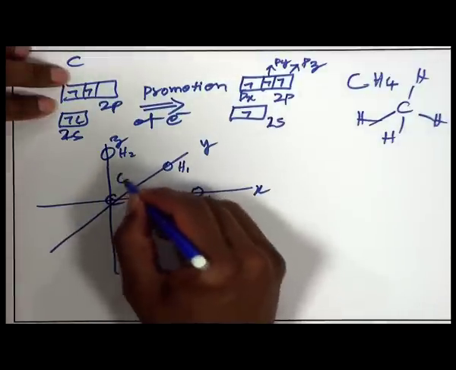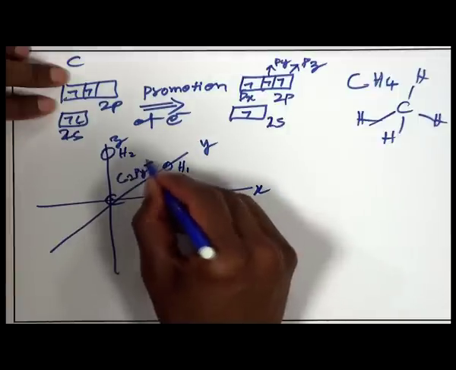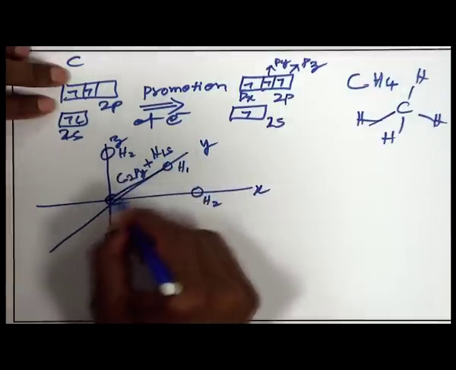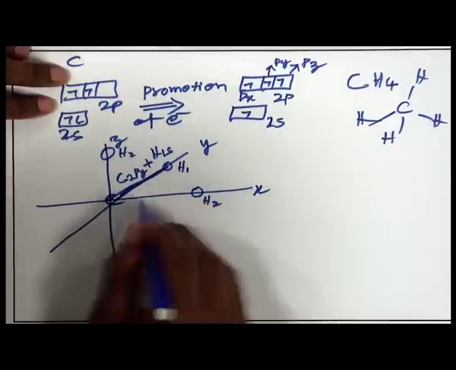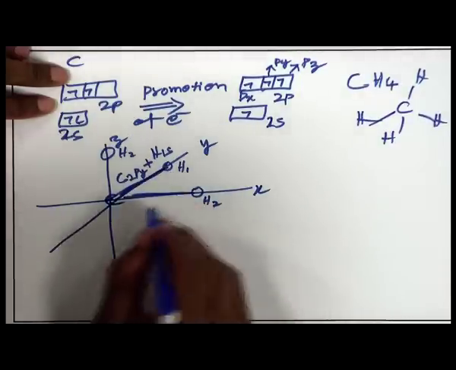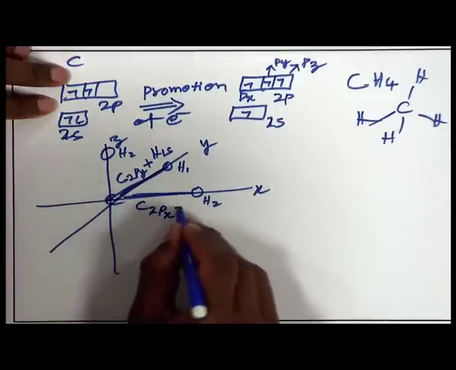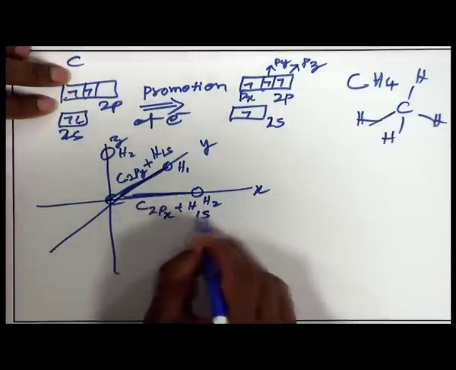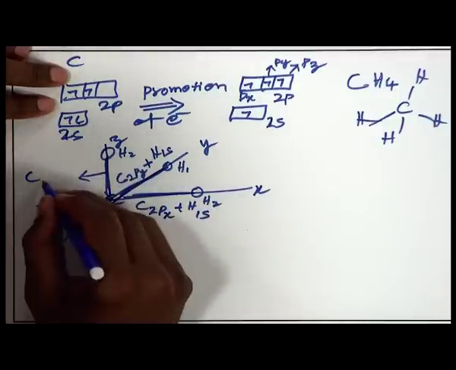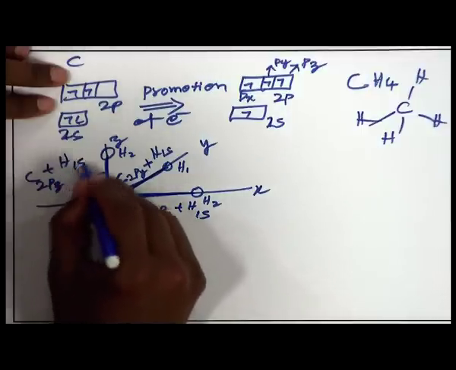This is carbon 2py orbital plus hydrogen 1s orbital, so a bond is formed. Similarly, this bond between carbon and hydrogen is formed using carbon 2px orbital plus hydrogen 1s orbital. Similarly, this bond is formed using carbon 2pz orbital plus hydrogen 1s orbital.